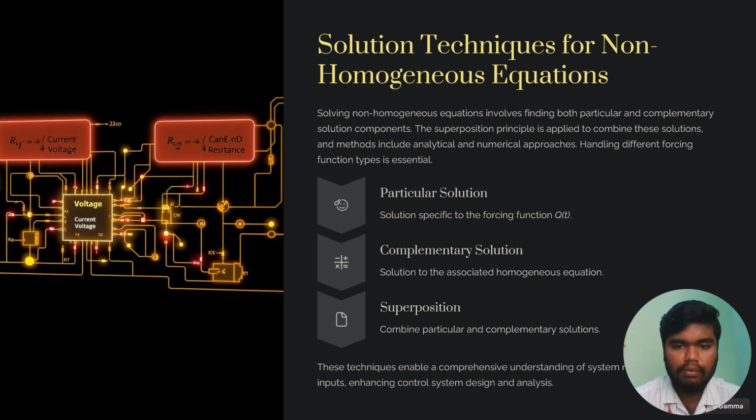Particular solution: a solution specific to the forcing function q of t. Complementary solution: a solution to the associated homogeneous equation. Superposition: combined particular and complementary solution. These three are the solution techniques for the non-homogeneous equation.